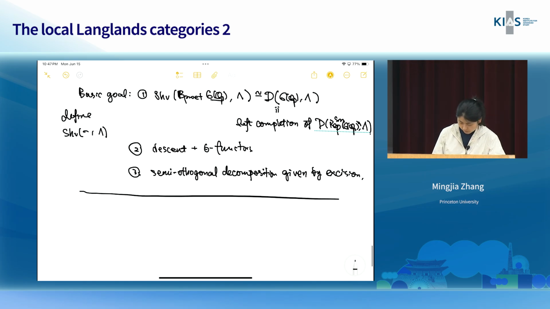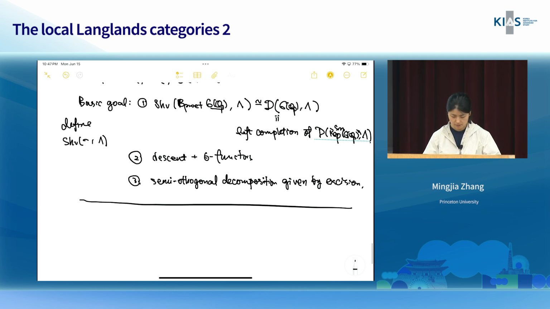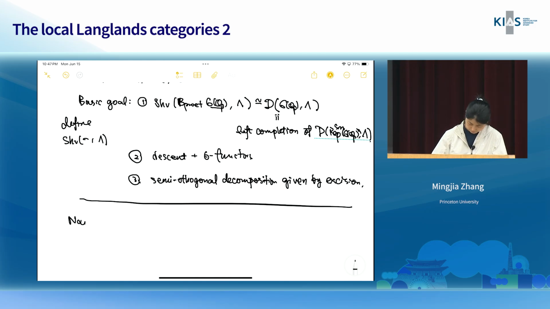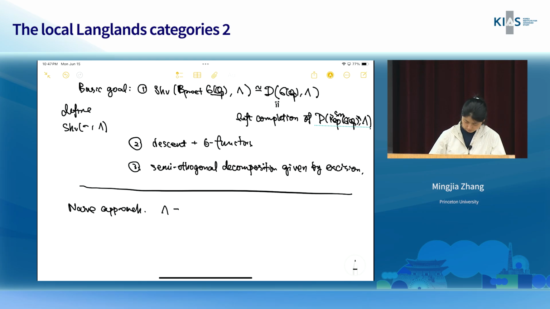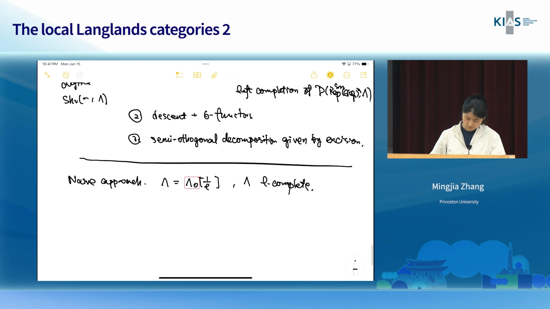So let me just make a remark on, so even one is pretty tricky to achieve, in fact. Because a naive approach, say in the case of localization of some ℓ-adically complete rings as a coefficient, the naive approach is that for Lambda_0 you consider some ℓ-adic completion of the torsion categories, where the usual étale sheaves will already behave quite nicely.